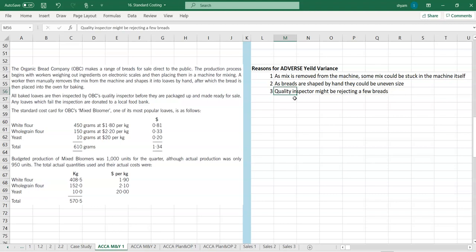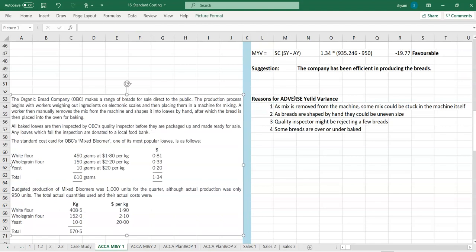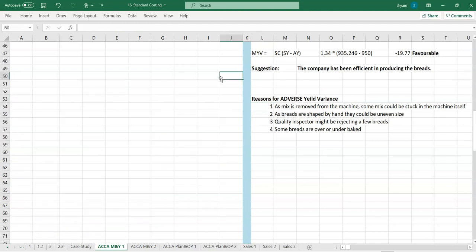That can be one more. And we can also say that some breads are over or under baked. So there are actually four reasons. They asked only for three, but we got four.